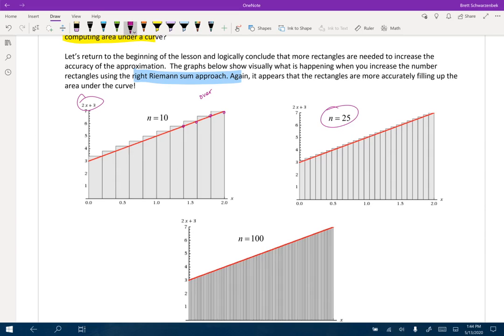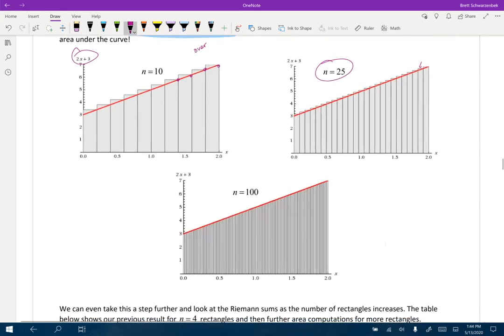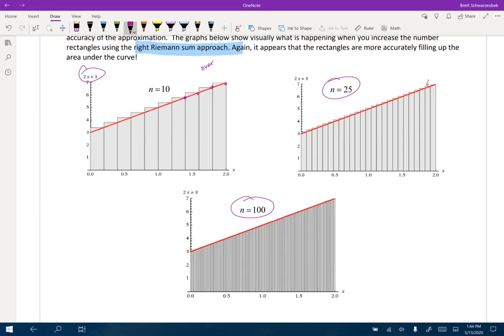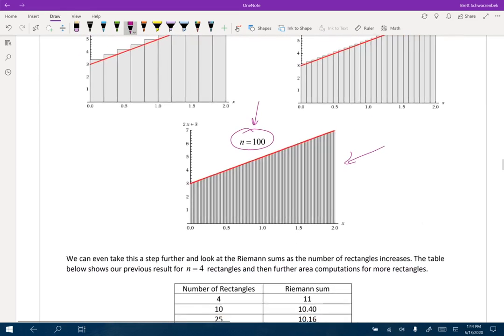Well, there is a tiny bit of area for each one of those 25 rectangles, but overall, if we added those together, it does seem like it's going to be less of an overestimation of what we're actually going to get there. But then look at 100 rectangles. So does everybody see you can barely make out the areas that are above? Which means that this is an incredibly accurate representation of this area as long as we have an extraordinarily large number of rectangles.